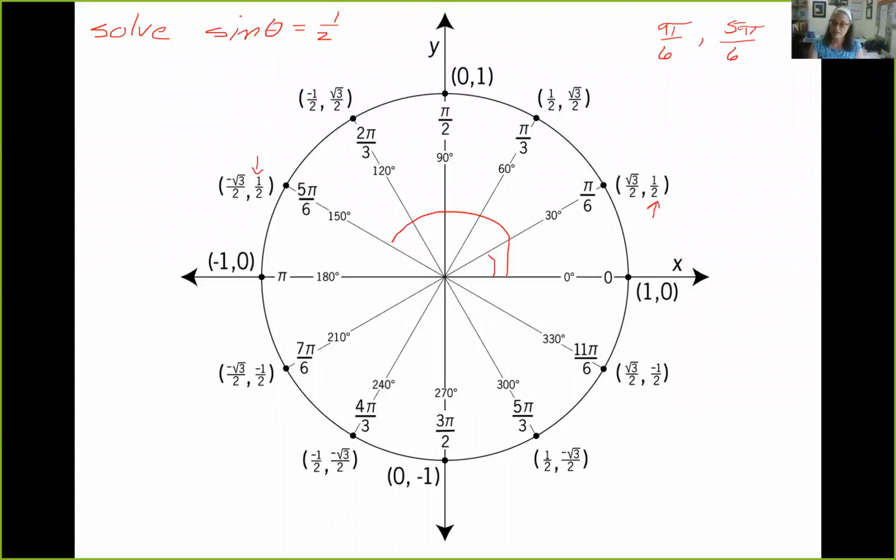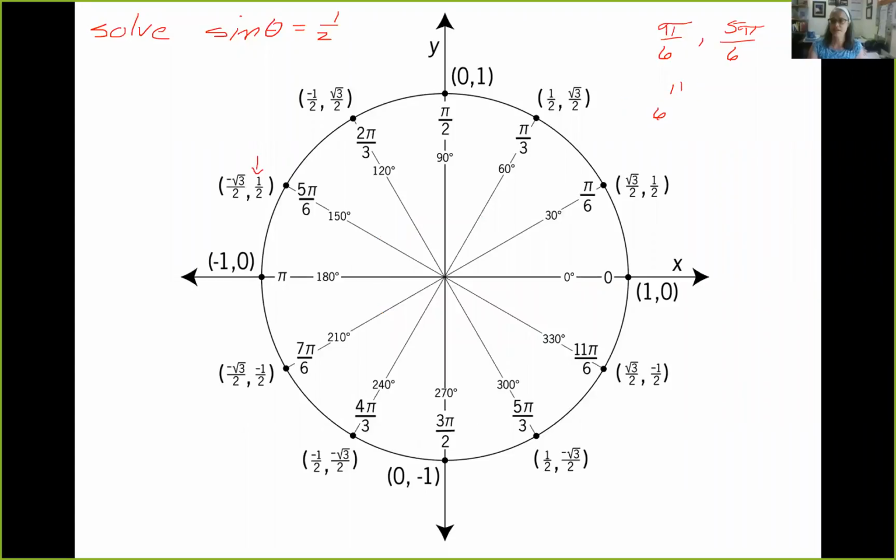But there's another angle that if I go all the way around and come back, I get back to this same angle that still has sine of 30 degrees. And that would be 13 pi over 6. You get the idea. We could keep going around and around and around. There really is no list of all solutions here, right? Unless we write a series.